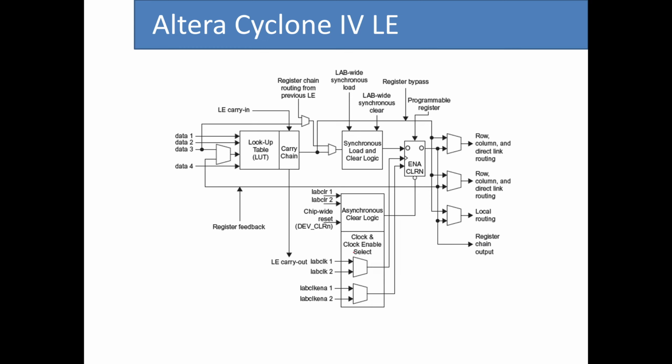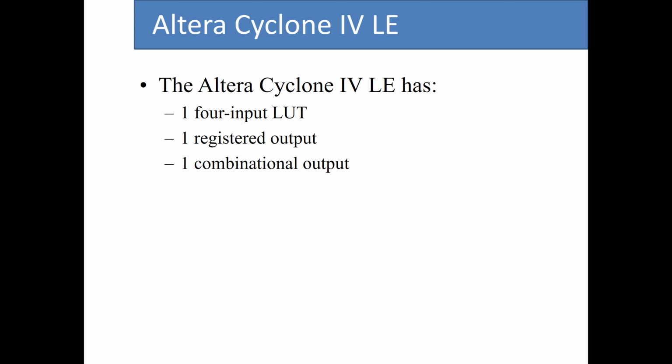So let's just take a look at one example of how we can program an FPGA like this. What we do is we just do 2 basic combinational circuit implementations. So the Ultracyclone 4 logic element has 1 4-input lookup table, 1 registered output, and 1 combinational output.